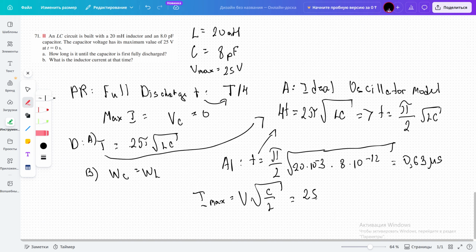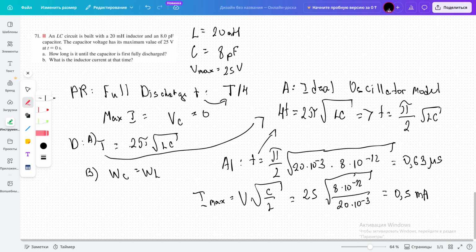We have 25 volts, 8 picofarads, and 20 millihenries. Now I need to calculate it, and the answer is 0.5 milliamperes.